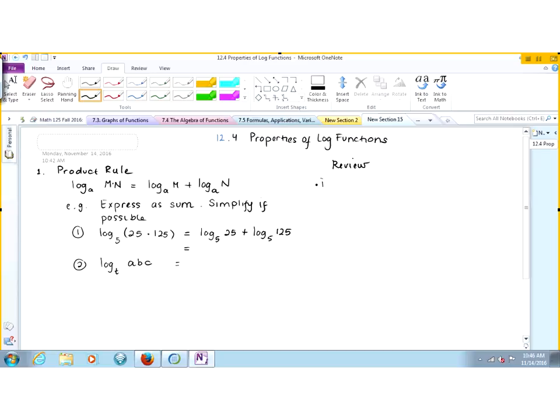So suppose I ask you, what is log base 2 of 8? This is the same question as asking, 2 raised to what number yields 8?